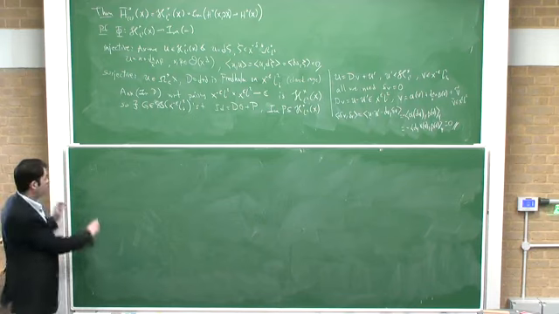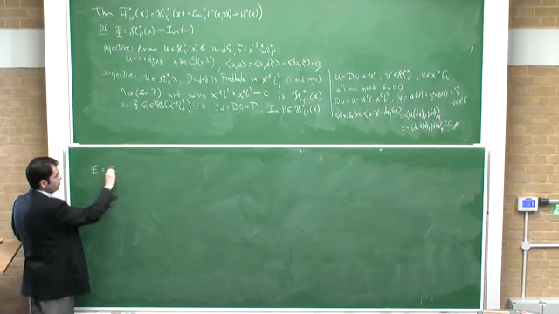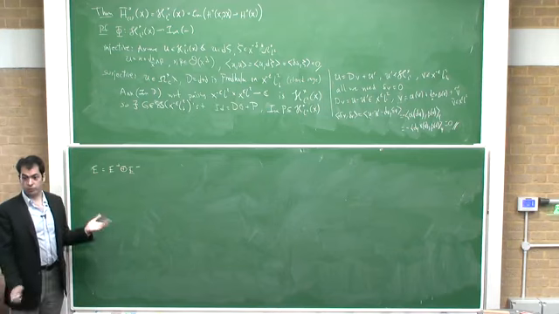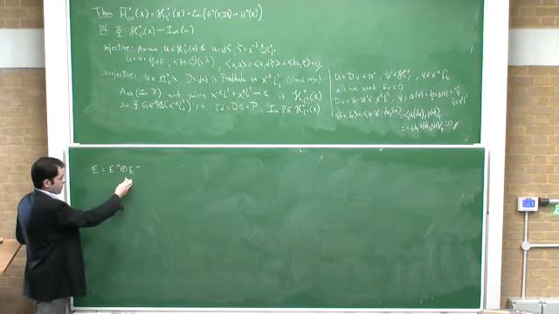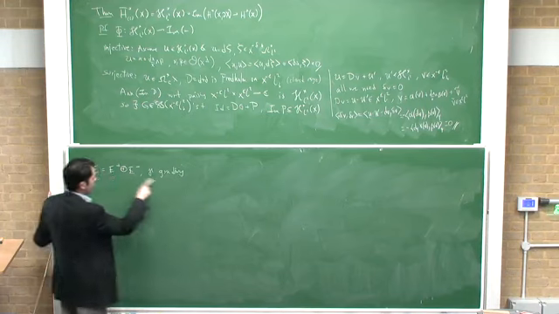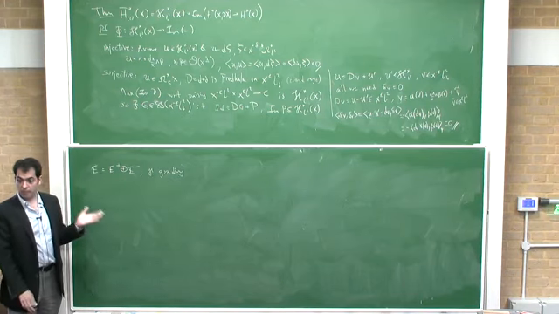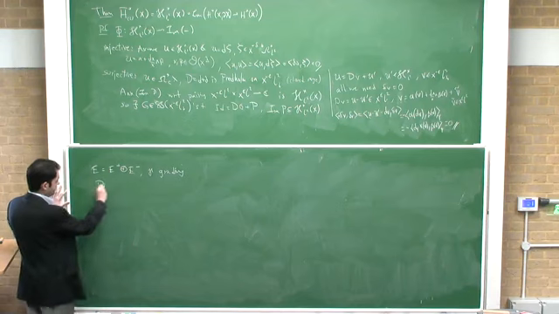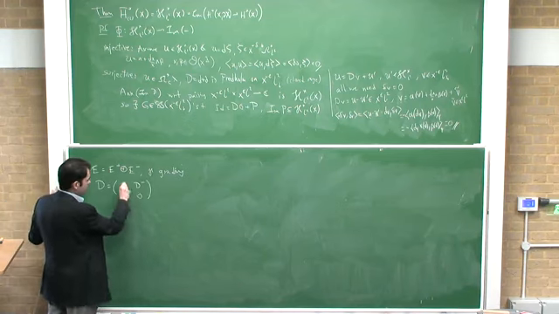We're going to take our bundle E, which is the differential forms, and we're going to assume that it splits as a direct sum of two bundles. We're going to assume that our manifold is even dimensional. We're going to take gamma to be the grading operator, so it's +1 here and it's -1 there. We're going to assume that the operator we're looking at is odd with respect to this splitting.